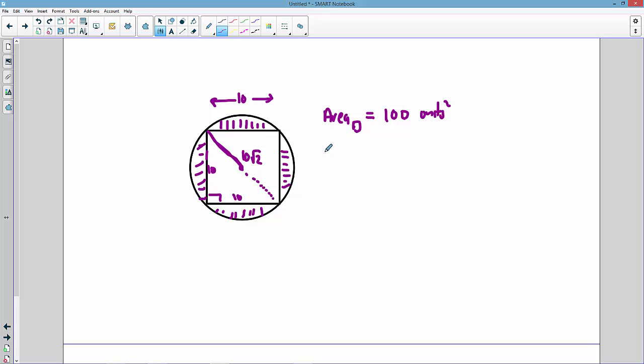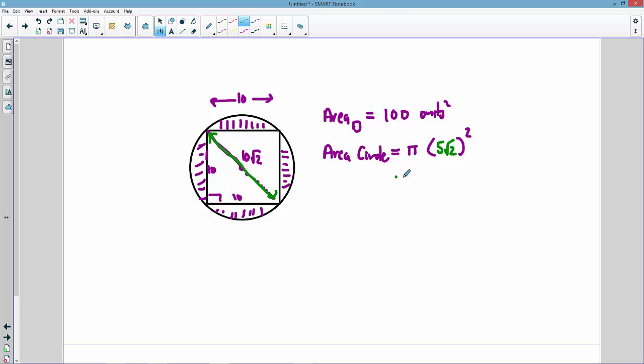And the area of the circle is going to be pi r squared. And this is a toughie. If it's 10 radical 2 all the way across, see, that's the diameter, then the radius is going to be 5 radical 2, right? Half of that. So this is 5 radical 2. And here comes a real doozy.